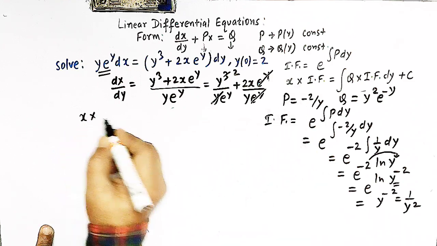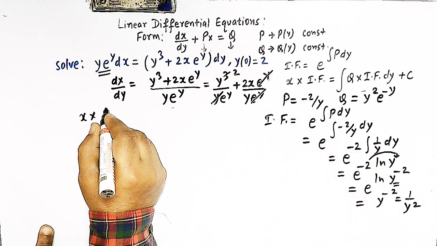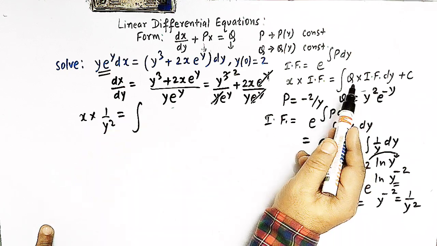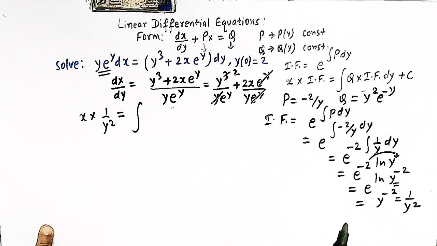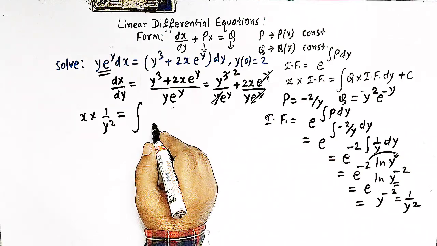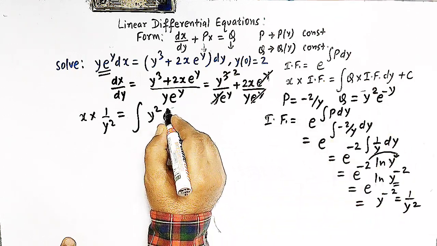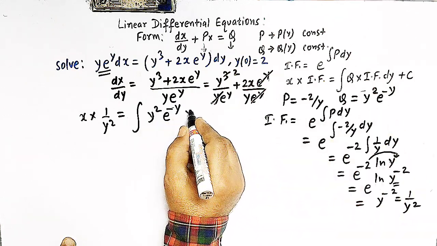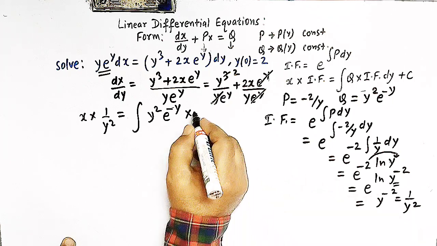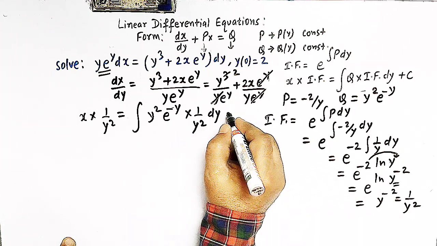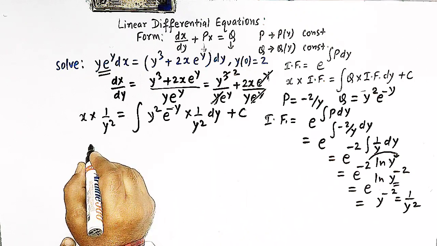So we have x times integrating factor, that is 1 over y square, then integral, and the value of q is given by y square and e raised to minus y, and the integrating factor is 1 over y square, and here we have dy, and c is the constant of integration.